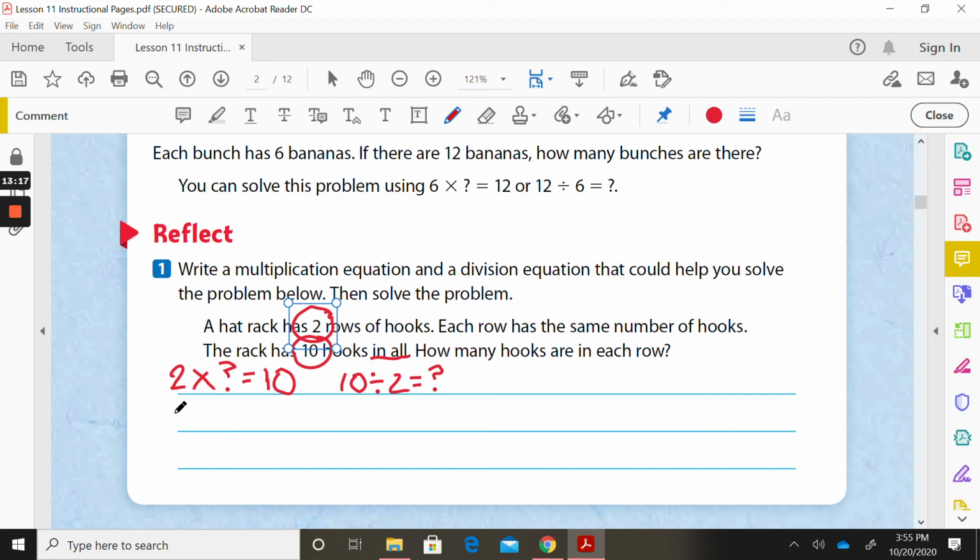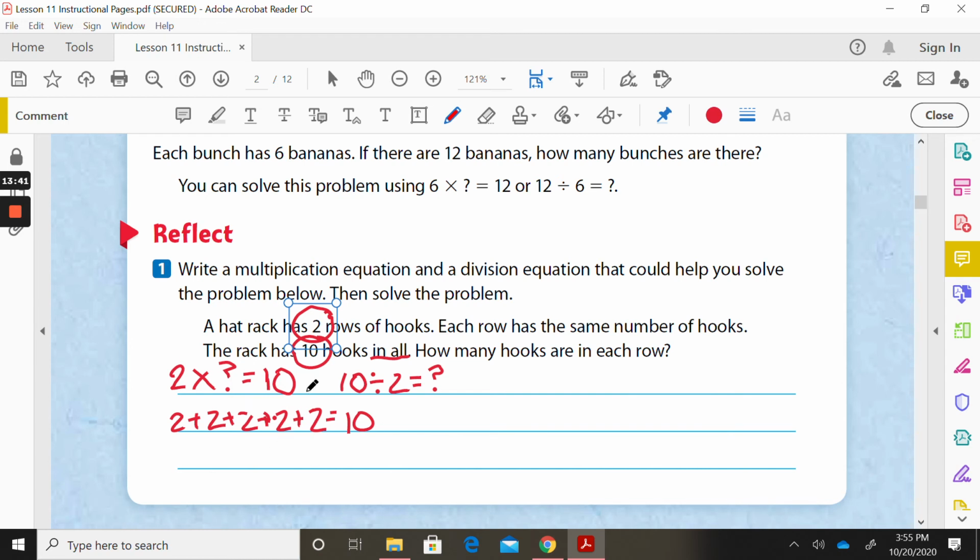We could do repeated addition. We could count by 2s a certain number of times until we get to 10. 2, 4, 6, 8, 10. That would give us 1, 2, 3, 4, 5 2s.